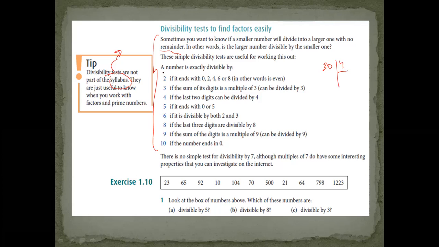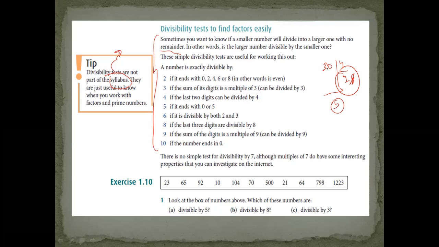If you know these methods, you can choose easily. For example, it's 7.5, or 7 and the remainder is 5. That's why we have a remainder, but we need it without remainder. How can you find it? Or can you say directly that 30 is not divisible by 4? How can we say it?